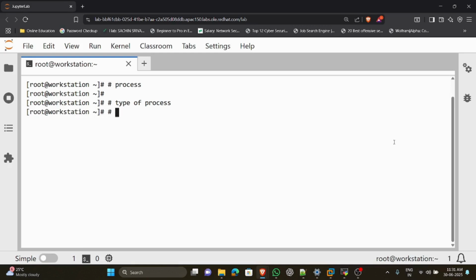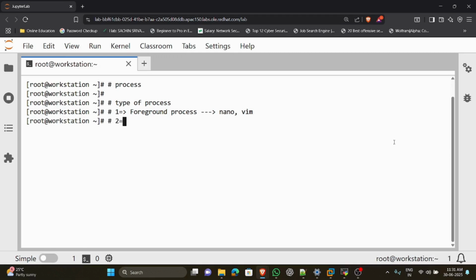just consider it. One, foreground process. Foreground process means which is running on terminal directly, just like if you are running some nano command, vim command. So it is running as a foreground process.